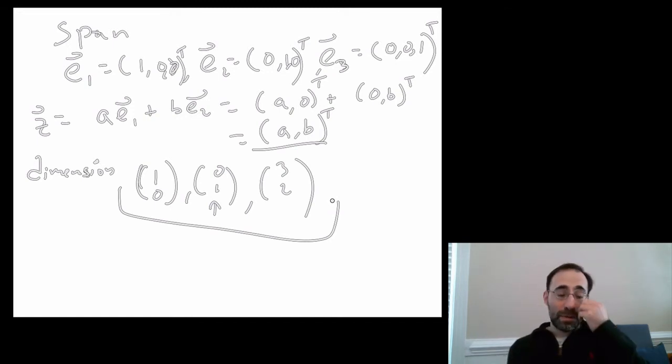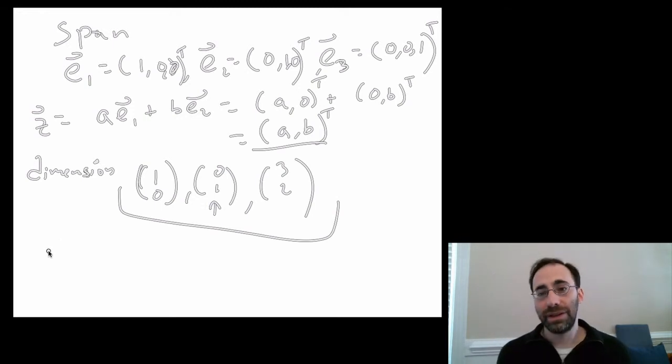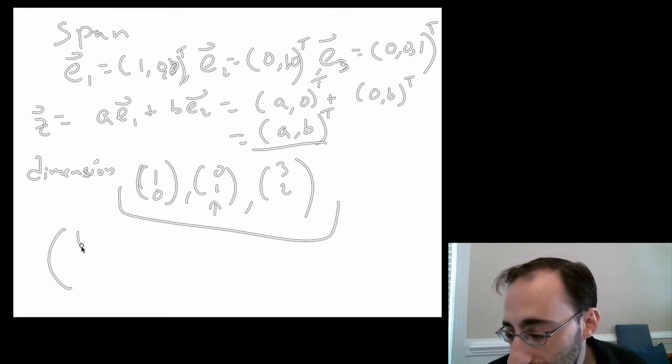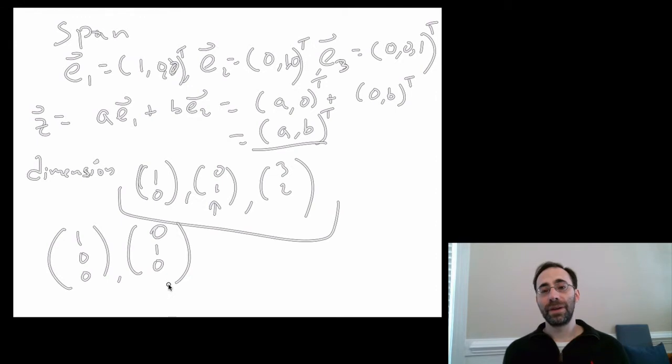Now, why do you care about that? There are a couple of reasons, but you largely care to understand the dimension of the space. The dimension of a space is different from the dimension of the vector itself. For instance, let's take the space spanned by (1, 0, 0) and (0, 1, 0), only those two vectors. This is what's typically referred to as the x-axis and the y-axis.